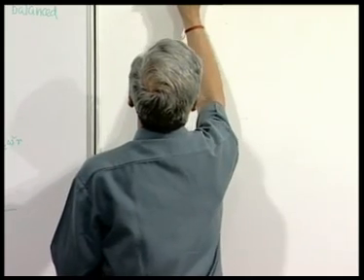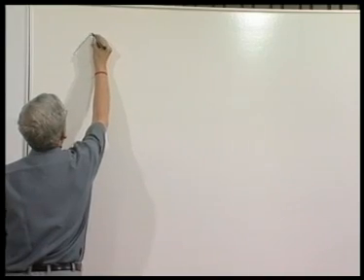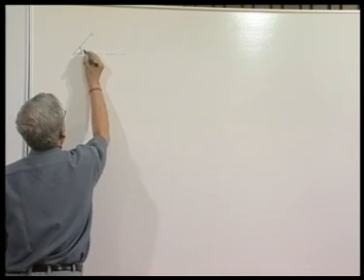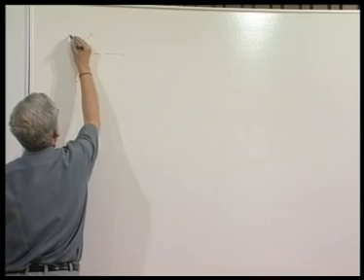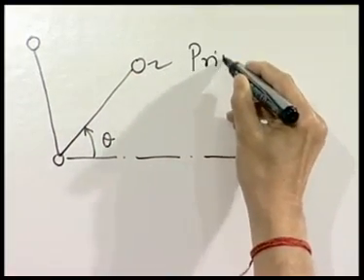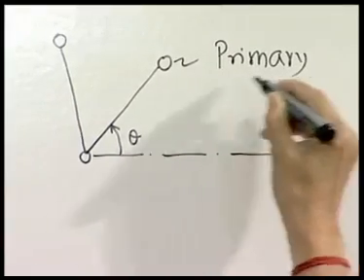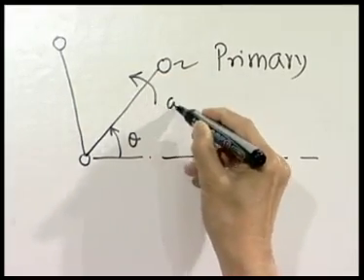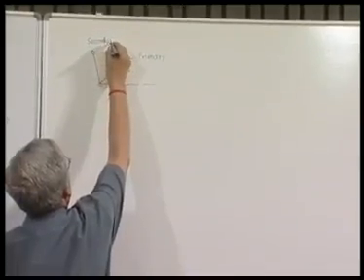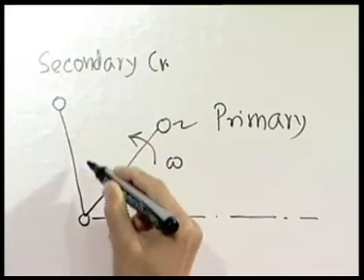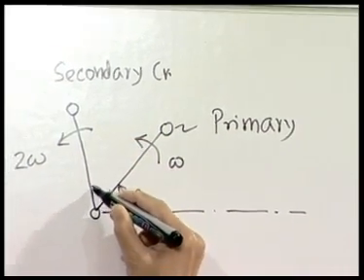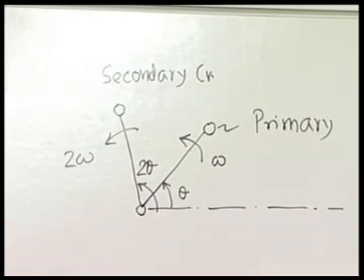That means, if this is the primary crank, then the secondary crank will be this, rotating with a speed 2 omega, and at any instant it makes angle 2 theta.